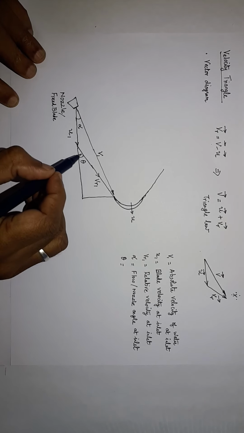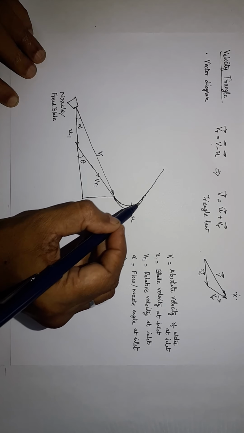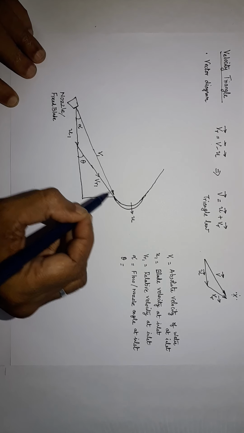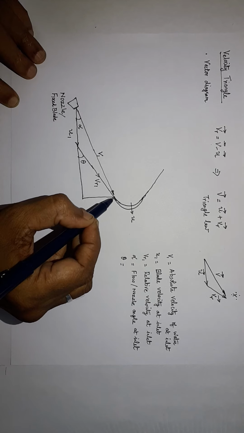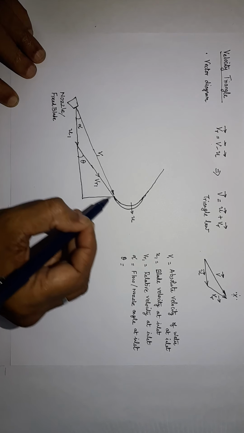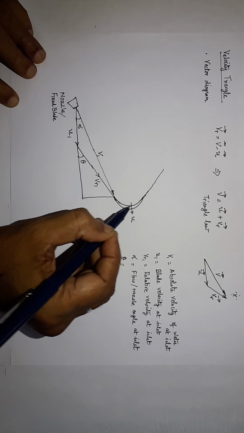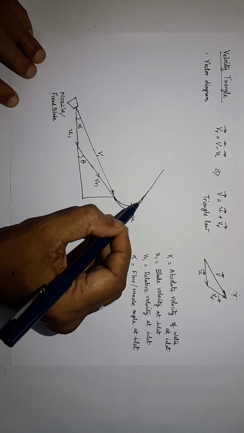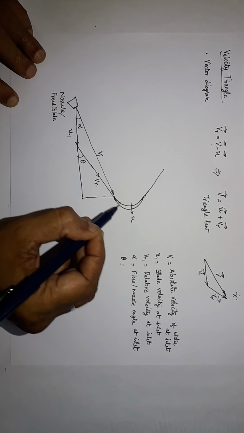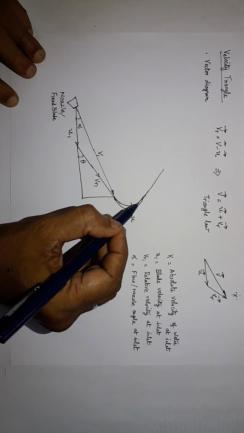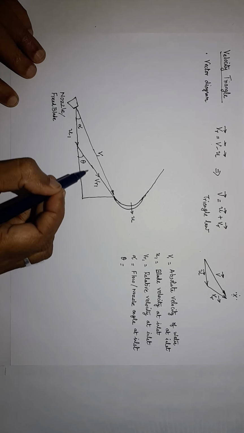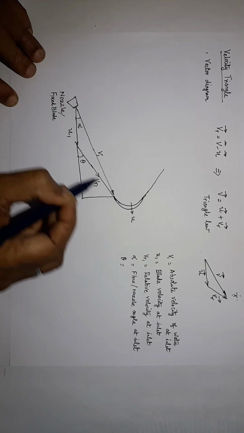You see, the relative velocity is tangential to the blade. So the relative velocity is going to depend upon the profile or shape of the blade, or the curvature of the blade. If the curvature is changed, automatically the direction in which the relative velocity approaches also changes.